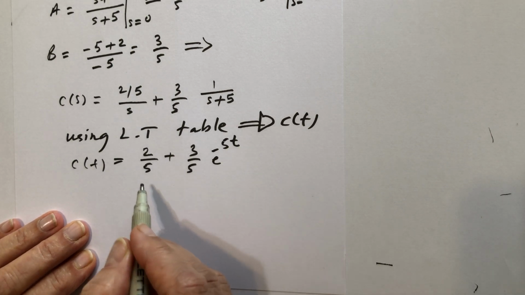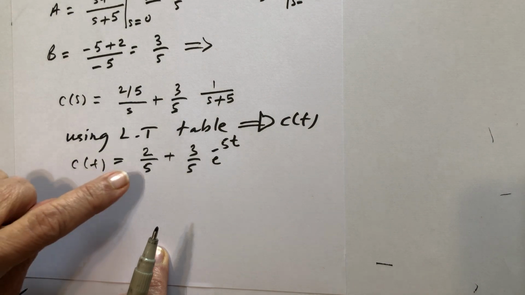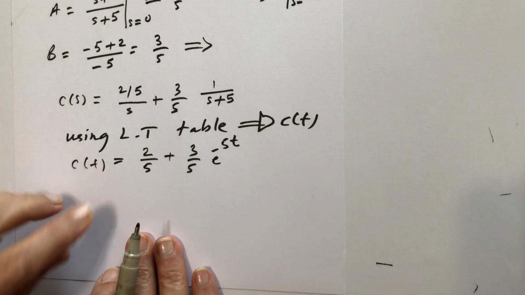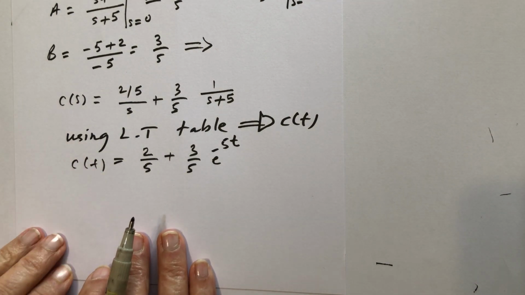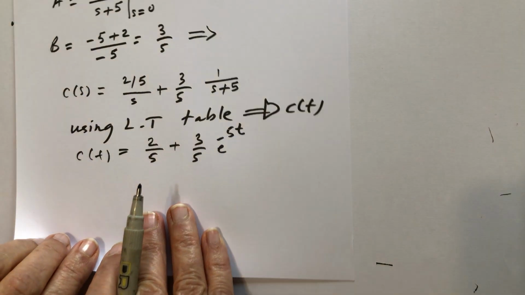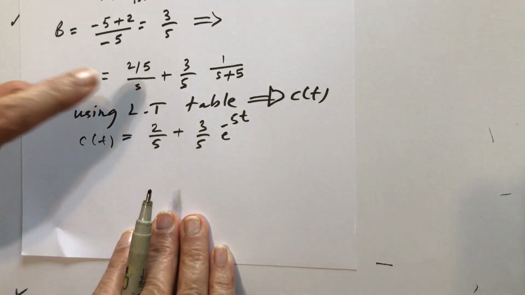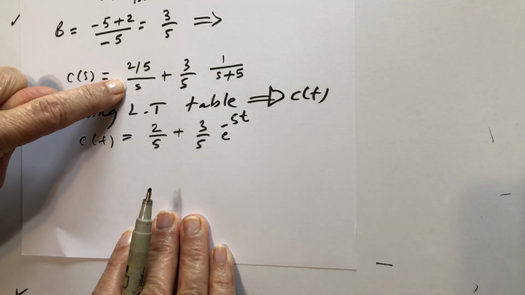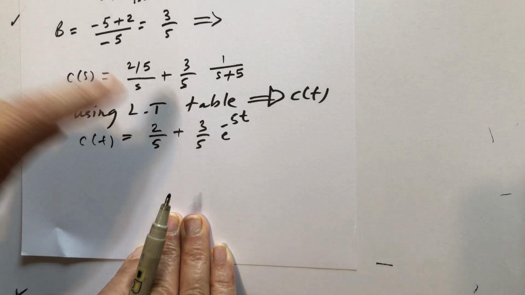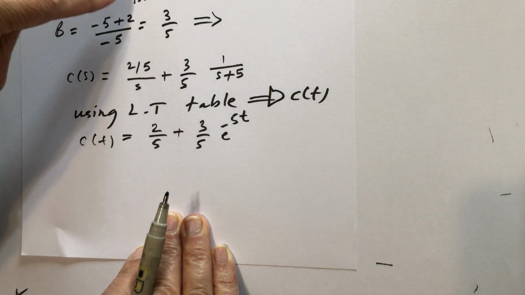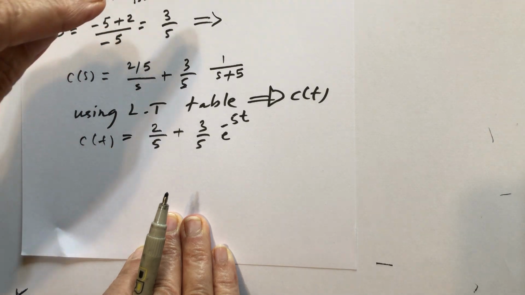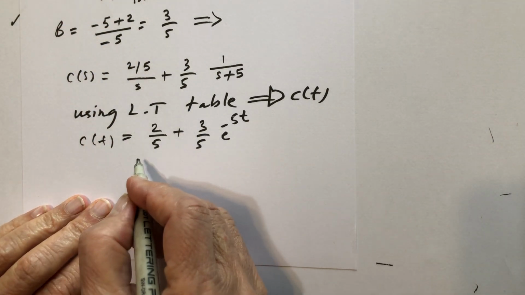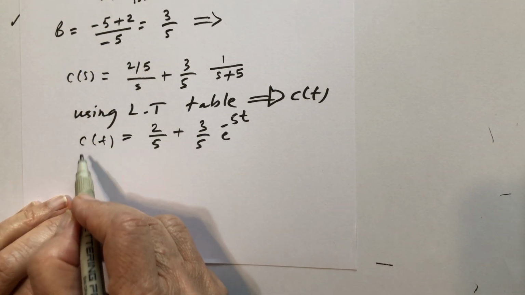If you look at this part, I hope you can see my fingers. This part is due to the step, and this part is due to the characteristic of the system. So we call this the transient response.